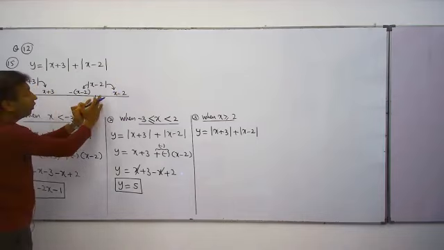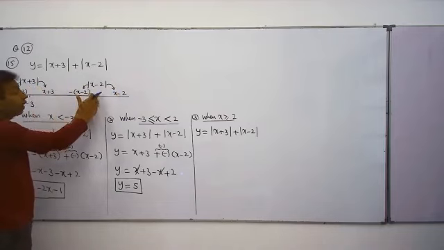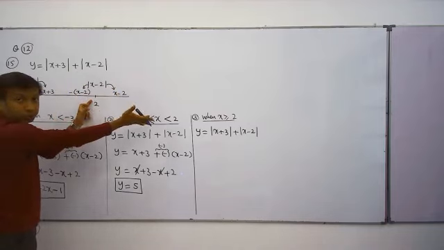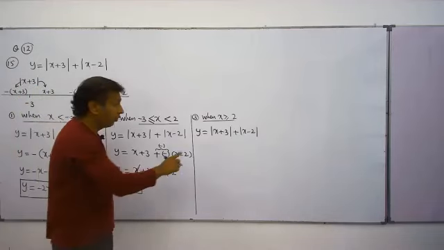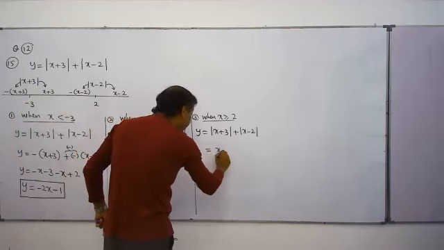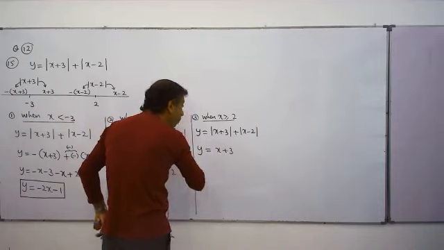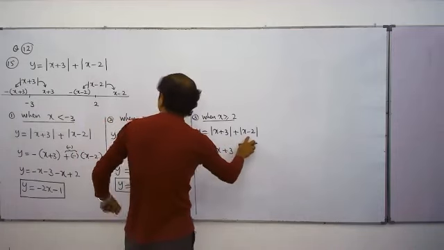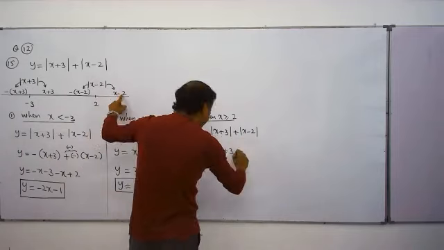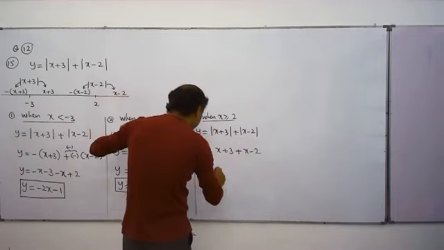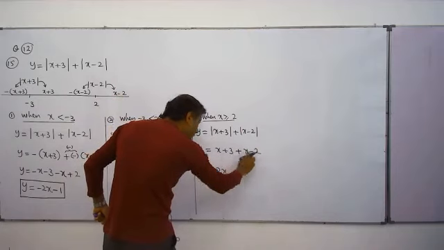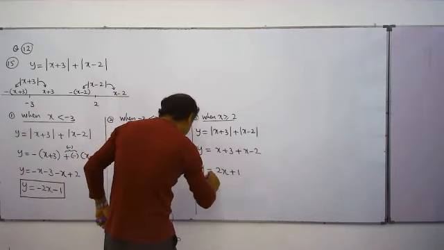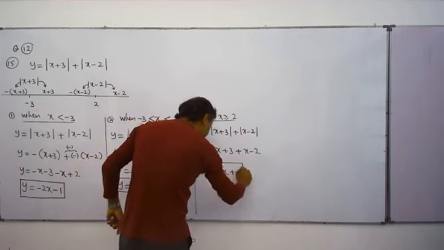So we need the mod x plus 3 value on the right of 2. Even on the right of 2, mod x plus 3 will be x plus 3, this is y. And mod x minus 2 is equal to x minus 2. Now x and x make 2x. 3 minus 2 is plus 1. So this is the next equation we need.